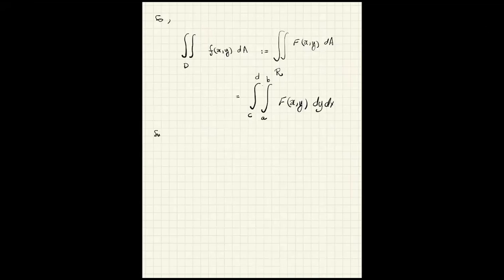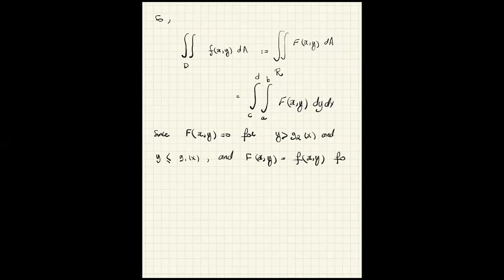Since f(x,y) is equal to 0 for y larger than g2 of x and less than g1, and f(x,y) is equal to f(x,y) for y between g1 and g2, right?